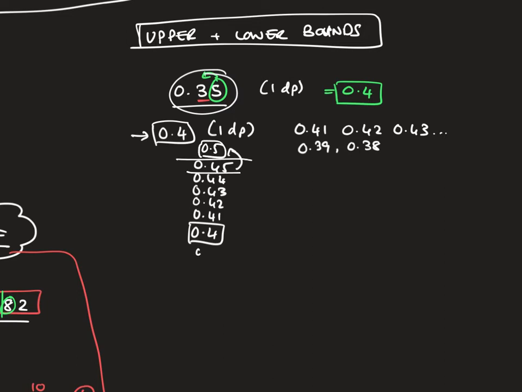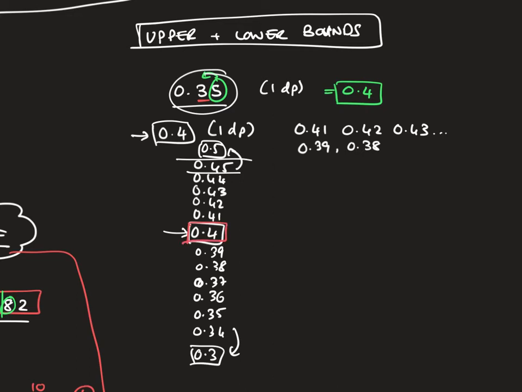Okay. Now, in terms of lower limits, 0.39, 0.38, 0.37, 0.36, 0.35, and then 0.34 would round down to 0.3, so not to 0.4, which is our number here.